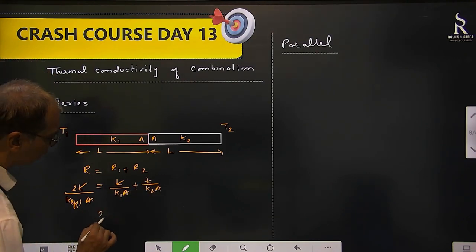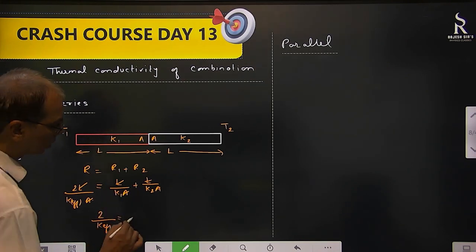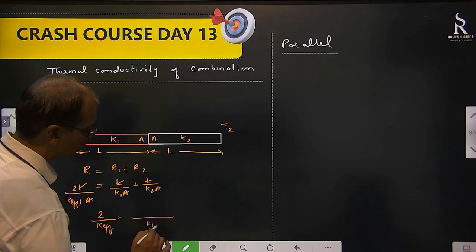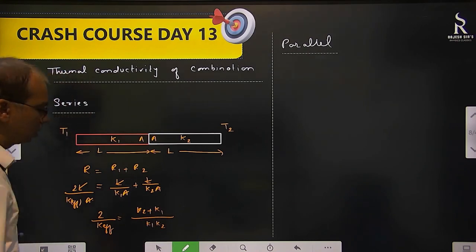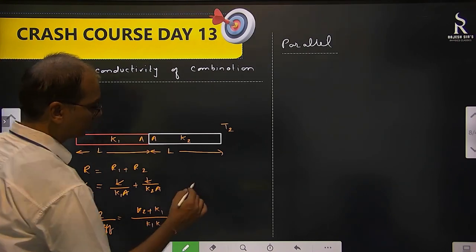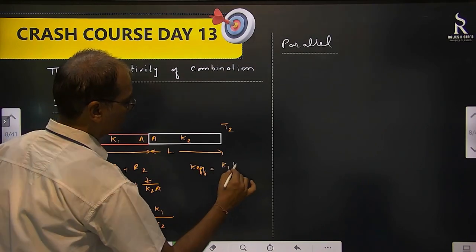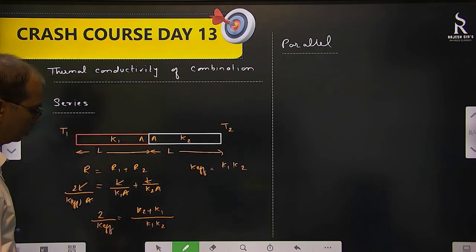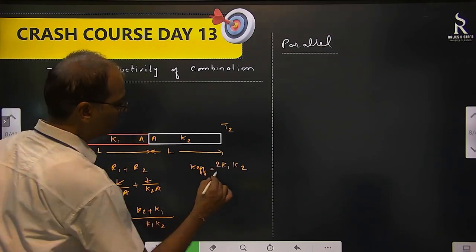So 2 by K effective is equal to 1 by K1 plus 1 by K2. Take their LCM, K1 K2 here, this is K2 plus K1. So K effective is 2 K1 K2 by K1 plus K2.